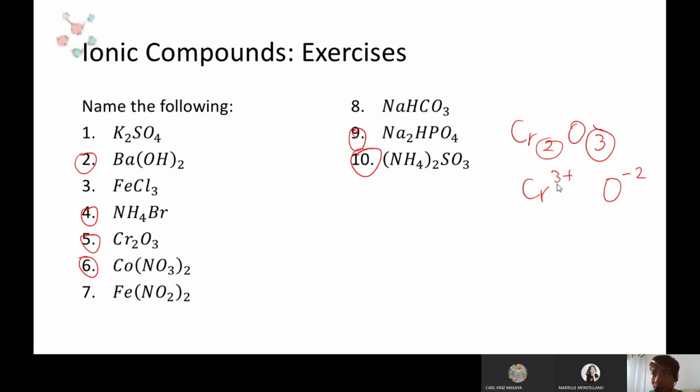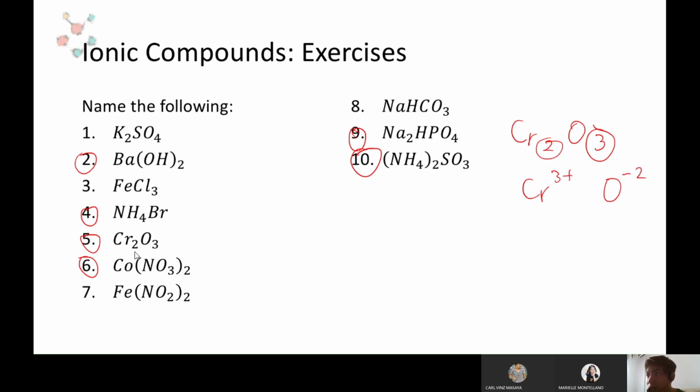So, it would be better if we will just name this using the parenthesis. Okay, so chromium 3 oxide yung pangalan niya. Bakit naging chromium 3? Kasi yung 3 dito sa oxygen, yung subscript niya, exponent yun ni chromium. So, ganun. Kailangan natin i-indicate kasi chromium is a transition metal.